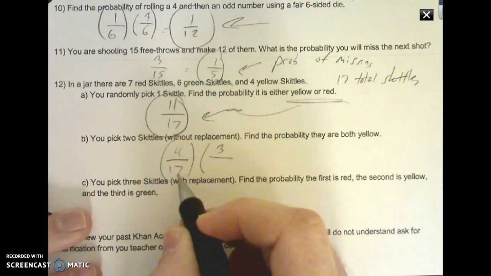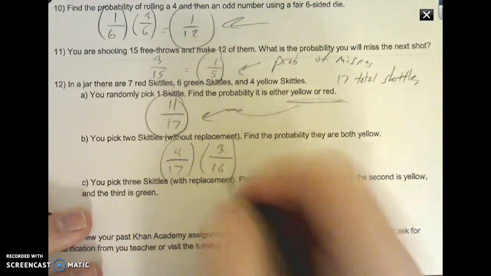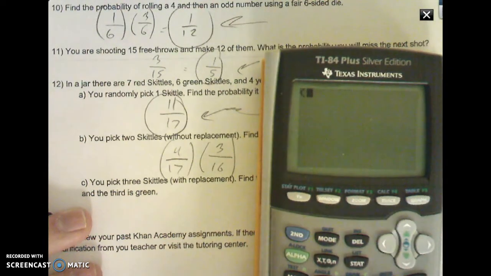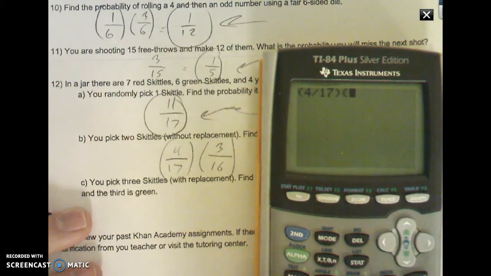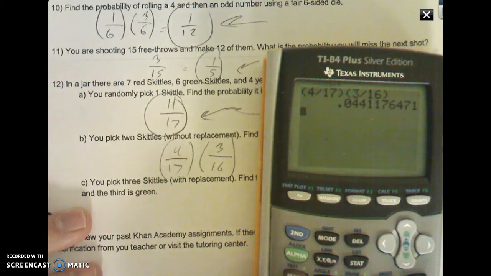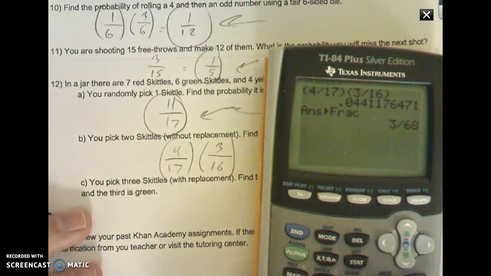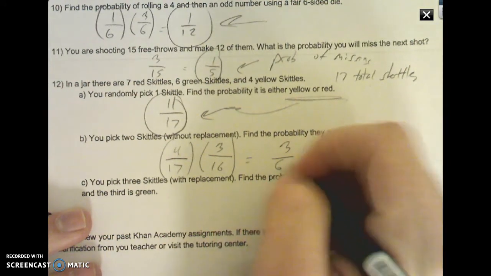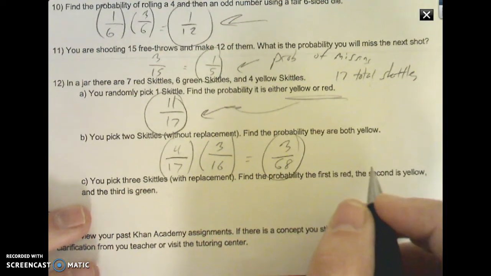This 17 now goes down to a 16. So all I'm going to do is take my calculator. It's much the same as before. Okay, math, enter, enter. 3 out of 68 chance. Okay, there's my probability that they're both yellow.